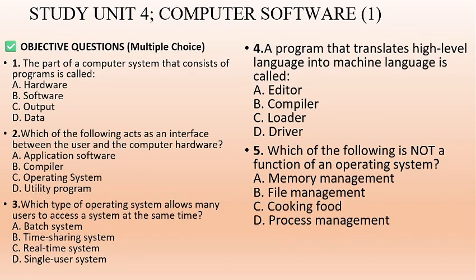Let's go to the objective questions that we have here. So the first one: the part of the computer system that consists of programs is called dash. What is the part of the computer system that consists of programs? What's the answer to question one?